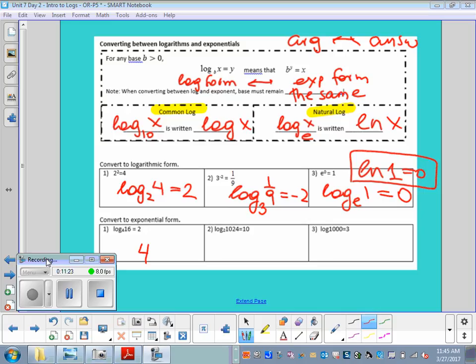What is the argument of my exponential function? I need to switch the argument and the answer. The argument of the log is 16, so now it becomes the answer of my exponential function. The answer of the log is 2, so I need to switch them. So 4 to the power of 2 equals 16.